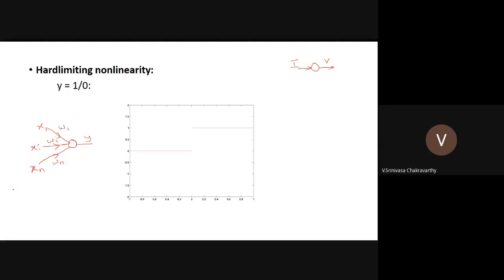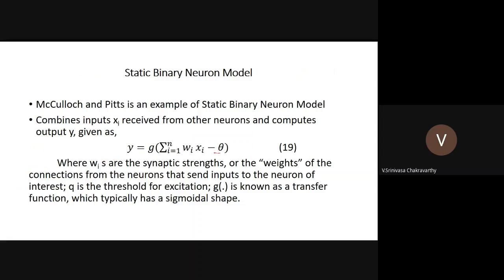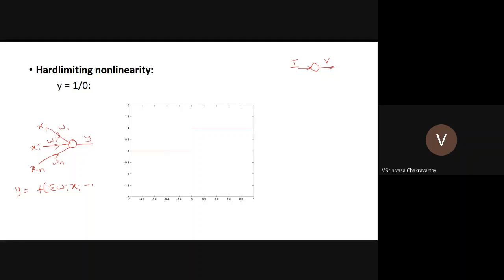So Y is equal to a function f of the sum of all these inputs, sigma Wi xi, and you also assume there is some kind of a bias term theta, because neurons typically have a threshold value. They fire only when the input crosses the threshold.